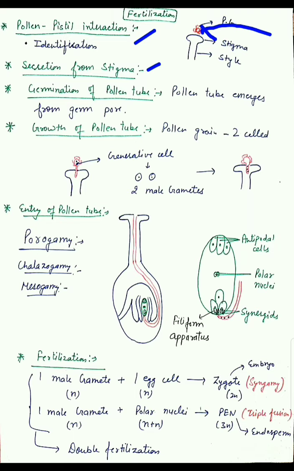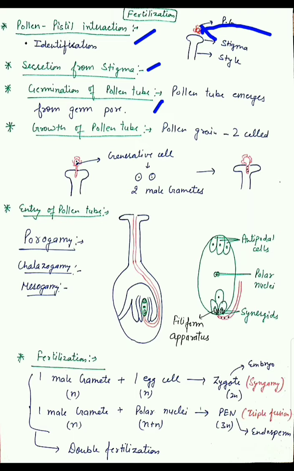As you know, the outer layer of the pollen grain, made up of sporopollenin, is not continuous. It leaves some spaces, which are known as germ pores, because sporopollenin is a very hard layer and doesn't allow the formation of the pollen tube.